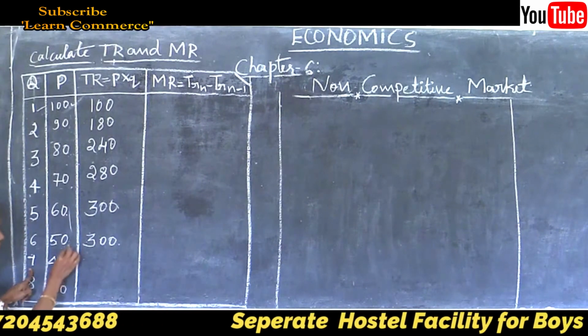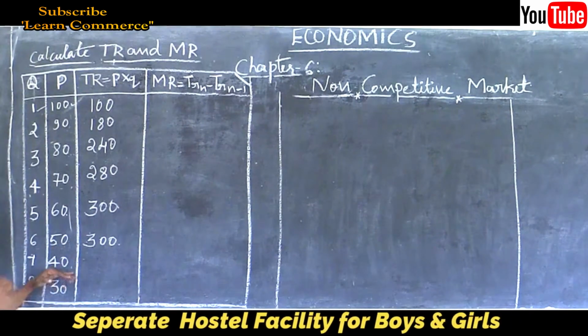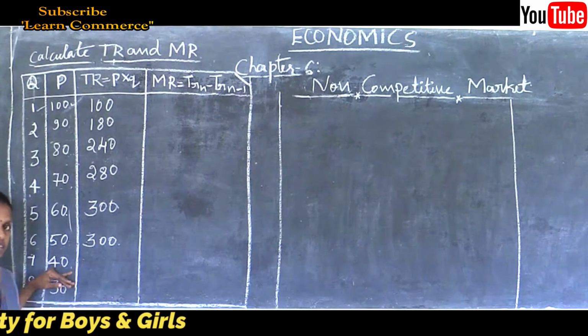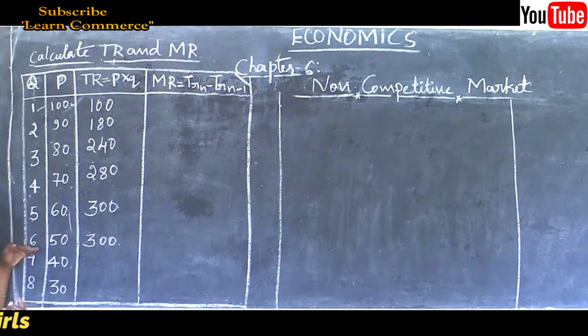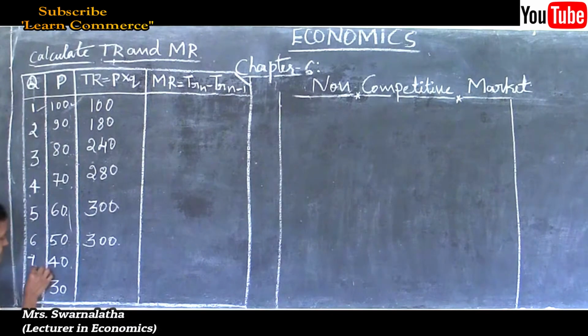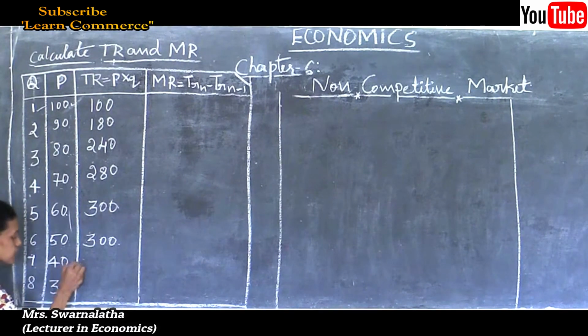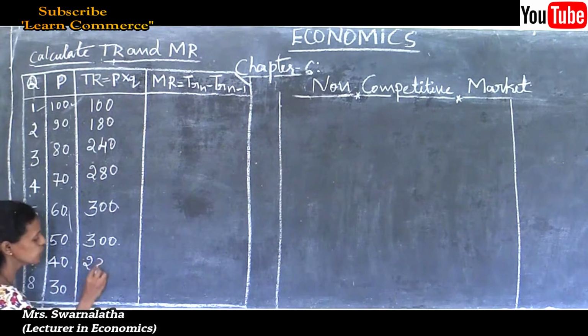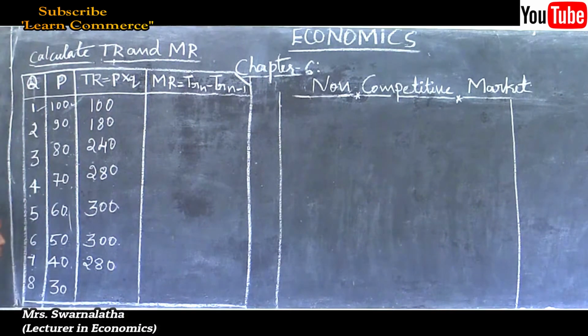Again here the price decreases from 50 to 40 with the intention of increasing production and sales. The monopoly firm is going to reduce the prices. With 7 units sold at 40 rupees, the total revenue is 40 into 7, that is 280.